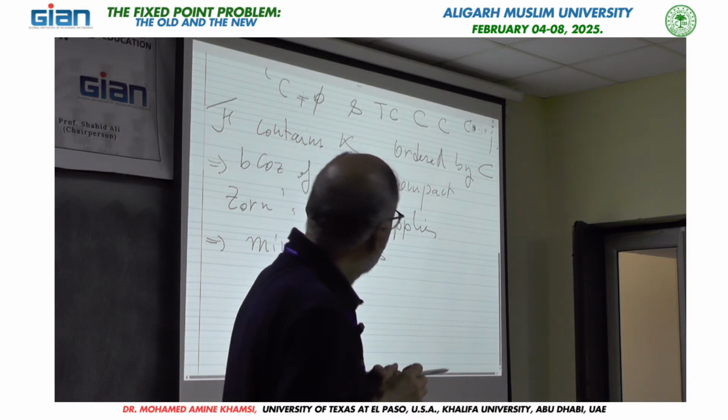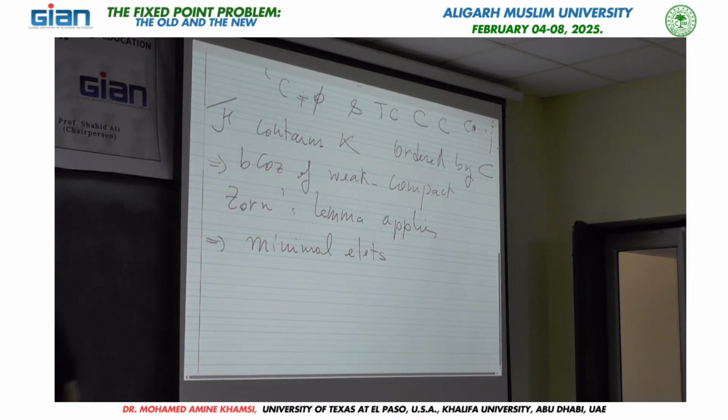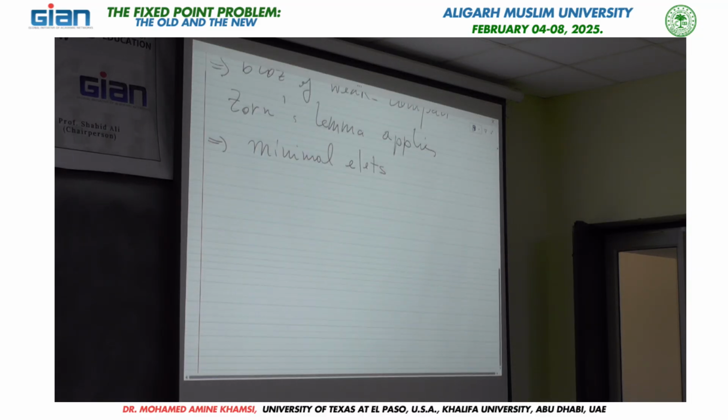Okay? Therefore, the main question is, so what is the main problem? And believe me, it is the main problem. What are the properties of the minimal elements of F?